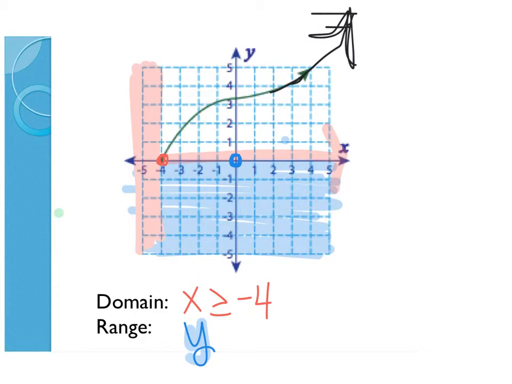That number is not there, and it might help you to actually put 0 at the origin to see that. And it's all these numbers above it. So it's 0. Y is what to 0? Greater than. And is it a solid dot or an open dot? Look back at over here. It's a solid dot. So it's a line.